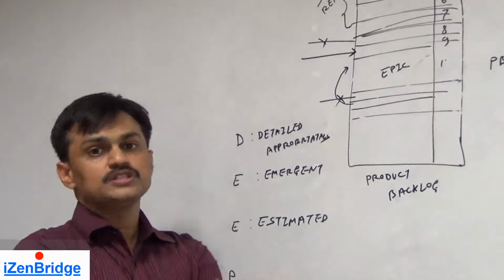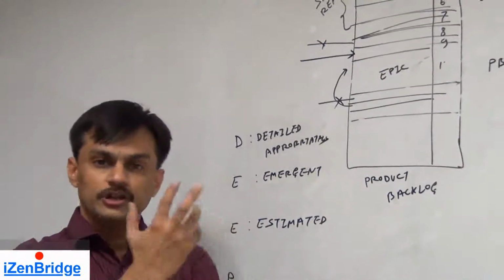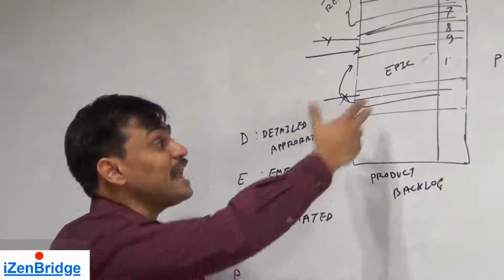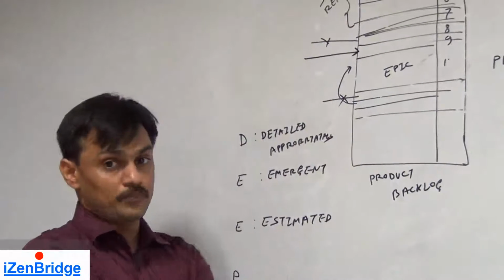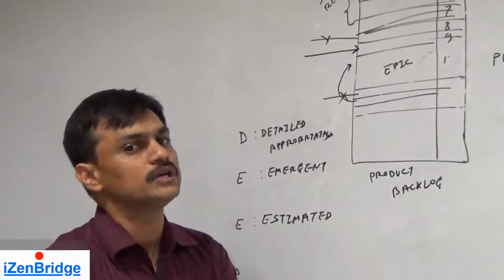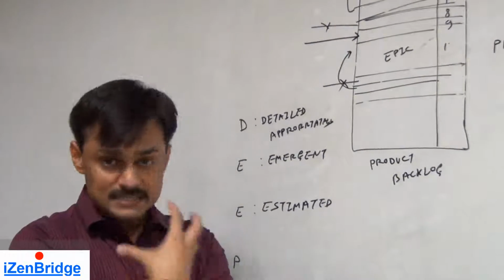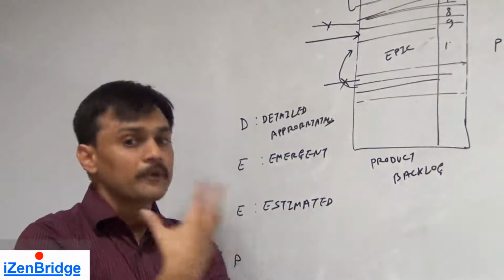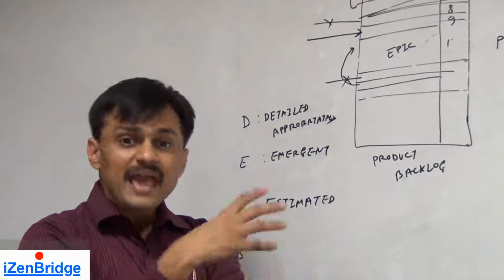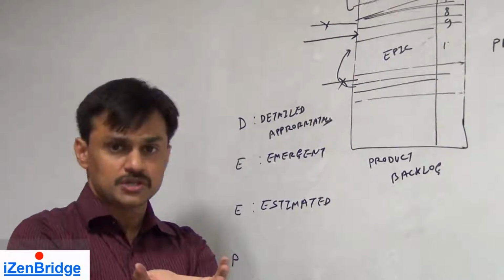Even if you say that since the item is not detailed enough, since we are not elaborating it because we are following detail appropriately, now it is very difficult to give a size number to it. Now, the items which are bigger in size, the items which we are not prioritizing in near future may have more error in estimation.